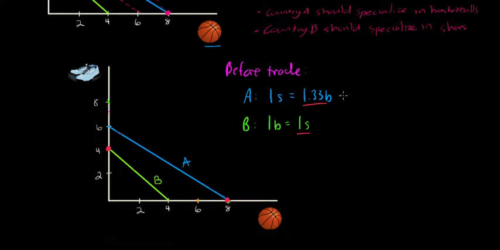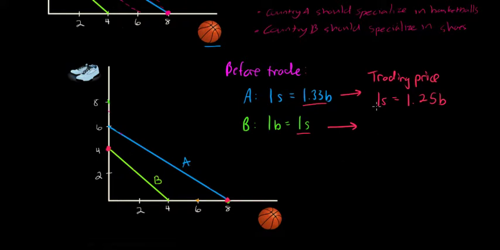And the price I'm going to go with here, the trading price, is less than 1.33 basketballs per shoe and less than one shoe per basketball. Let's look at the price of one shoe equals 1.25 basketballs. Now, what price does that give us for basketballs?